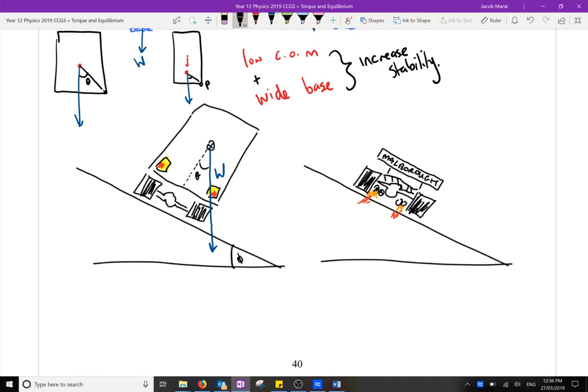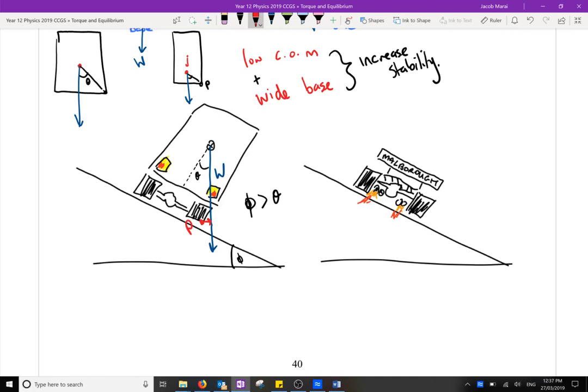In this scenario, what could we say? We could say that phi is greater than that angle. Again, we could say that now the weight force about the pivot is outside the base, or the weight force lies outside the base.